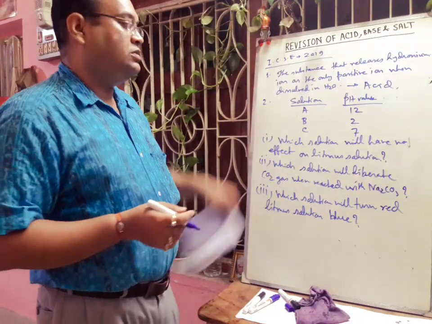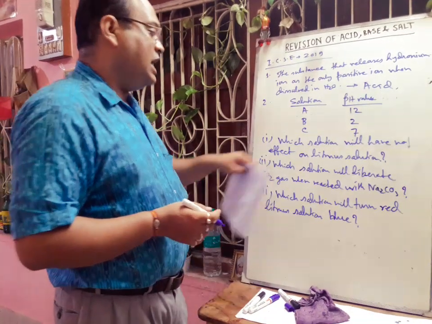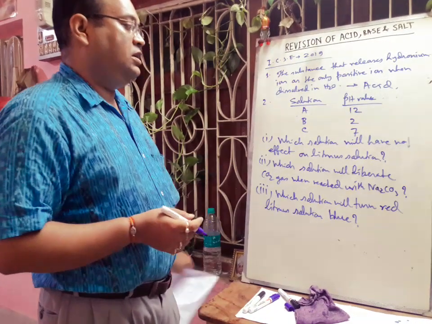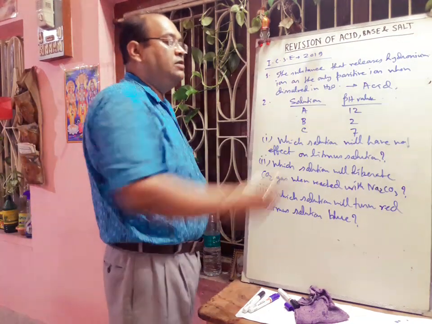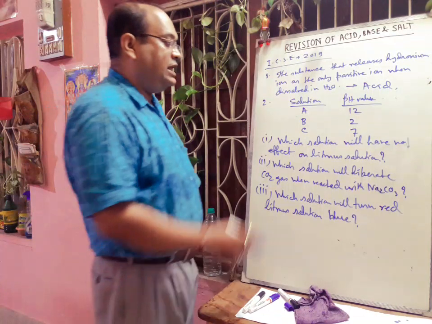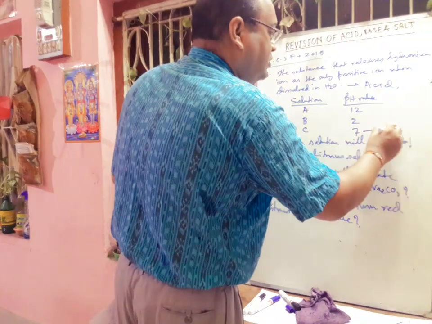Now, the first question: which solution has no effect on litmus solution? The answer will be the neutral solution. Now, which one is the neutral solution? From the pH value we can easily judge. When the pH value is 7, that solution is called a neutral solution.